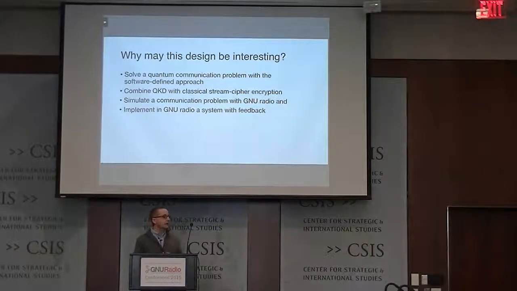Also, my implementation is a simulation. GNU Radio was not originally designed for simulation, but it can work well for simulations. That's a simulation example. And it was mentioned yesterday that in GNU Radio you cannot have a cycle in a flow graph, so I understand very well why.